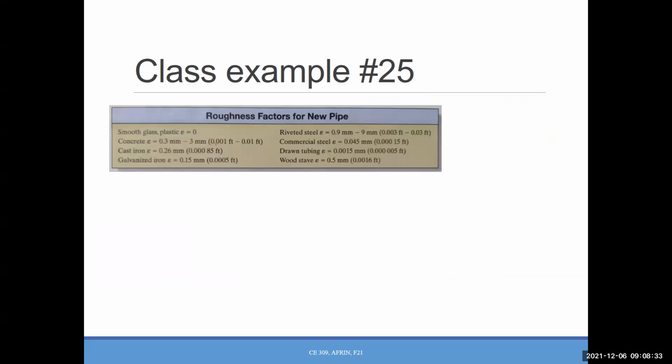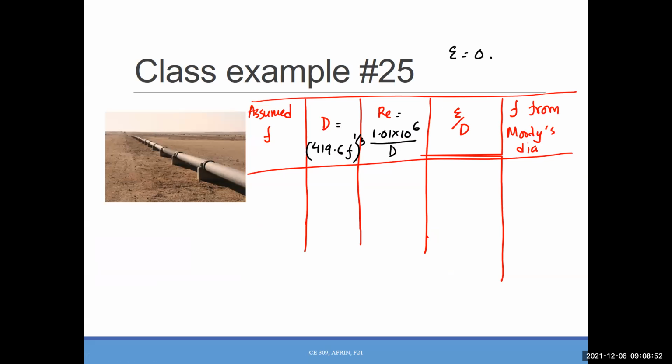What is the pipe material here? Classic cast iron. So for cast iron, this is the epsilon. Make sure you count the zeros properly. There are 3 zeros: 0.00085 feet.